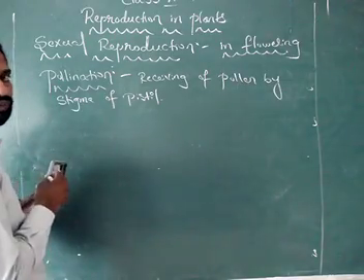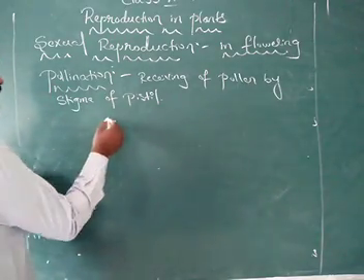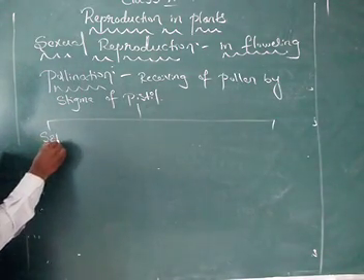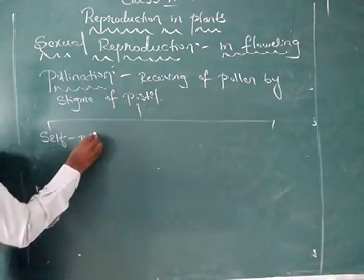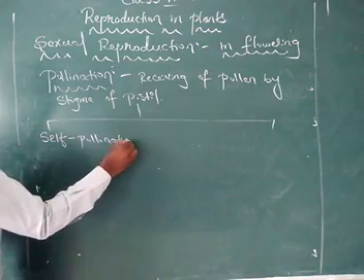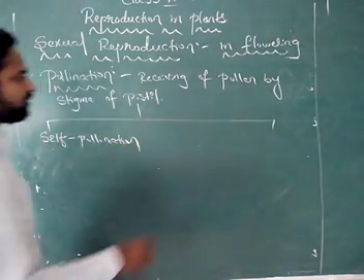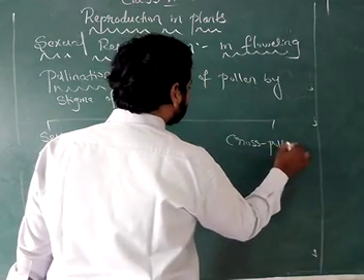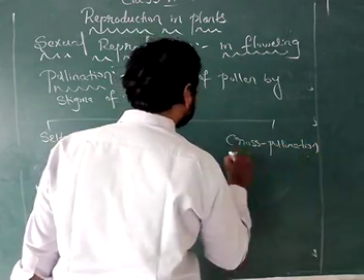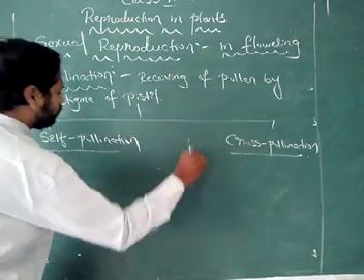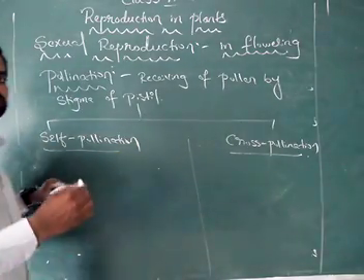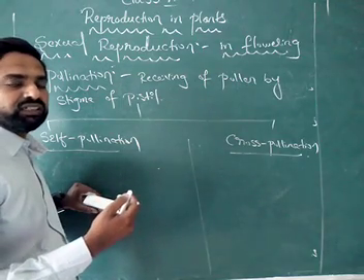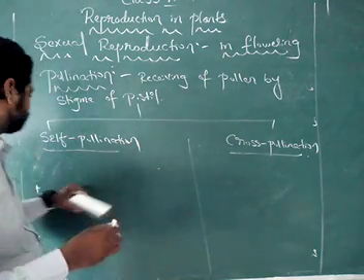Pollination is mainly of two different types: self-pollination and cross-pollination. Self-pollination means the pollen from the flower pollinates the stigma of the same flower.